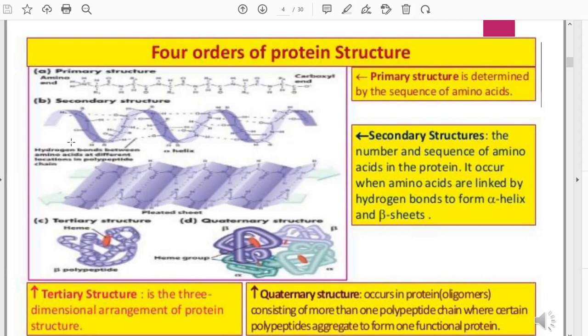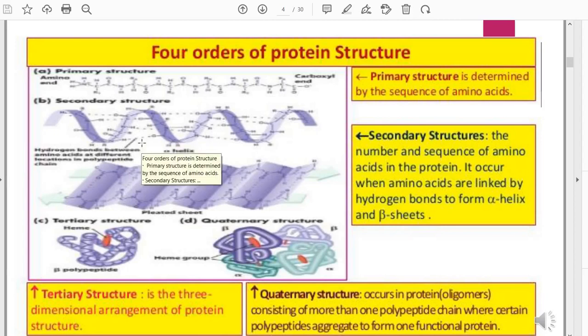Next, secondary structure. Secondary structure when the polypeptide chain is twisted. This is twists or folded. This is called alpha helix or beta pleated sheets. And this is stabilized by hydrogen bonds.